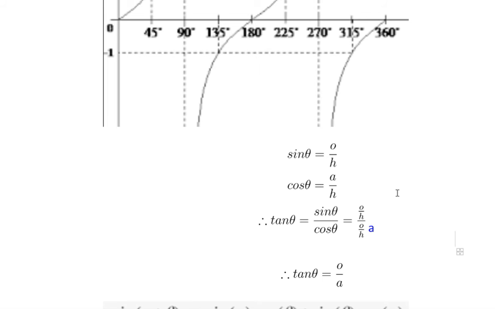Bit of algebra. It depends what techniques you're comfortable with. You can think of it as the top, bottom, bottom, top. So at the top you'd have opposite, at the bottom you have hypotenuse. At the bottom, sorry, you'd have adjacent, and at the top you'd have hypotenuse. The hypotenuse will cancel. I'll write this out so it's made a little bit clearer here.